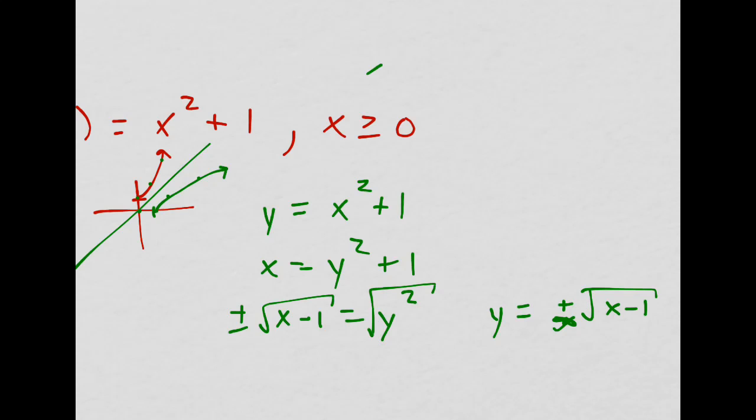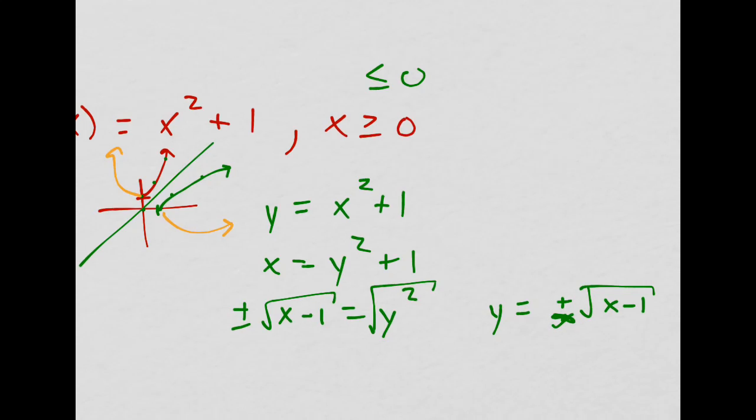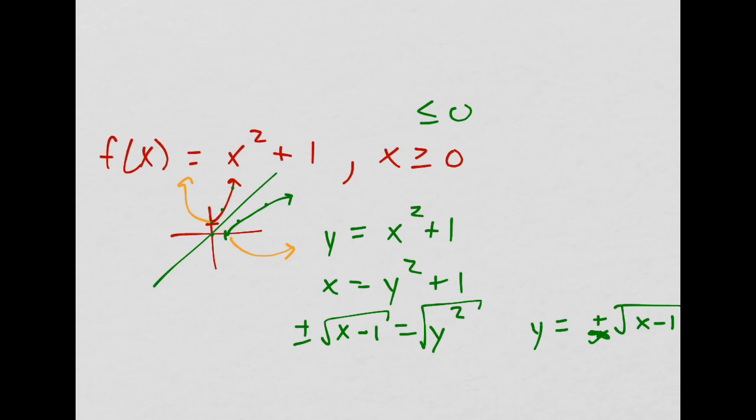If we restricted this to less than or equal to 0, that would be this half. I'll do it in a different color. That would be this, and when you reflect it, you would get this, right? Those are reflections of each other. And then you would take the negative part. So that's important. You can still switch and solve if they give you a restriction when you don't pass the horizontal line test initially.